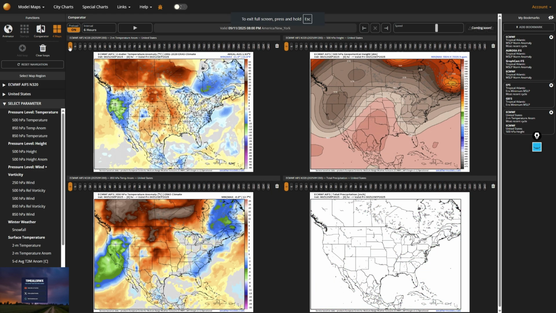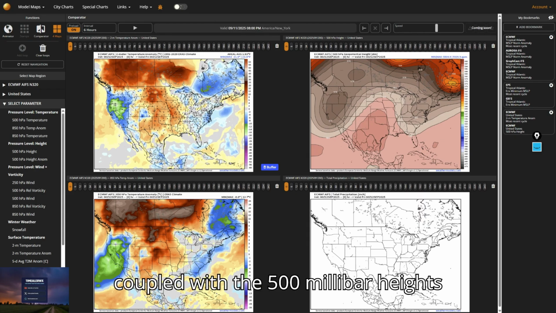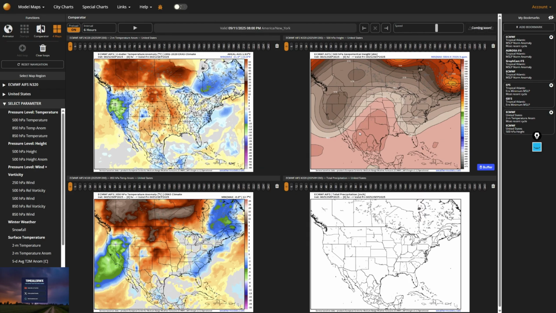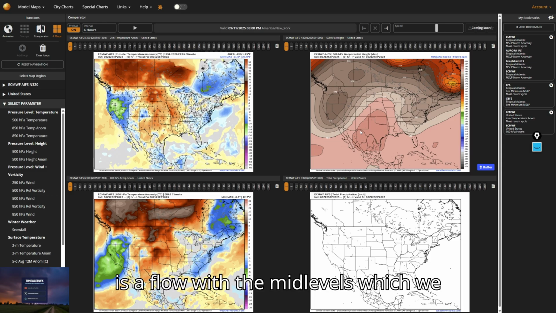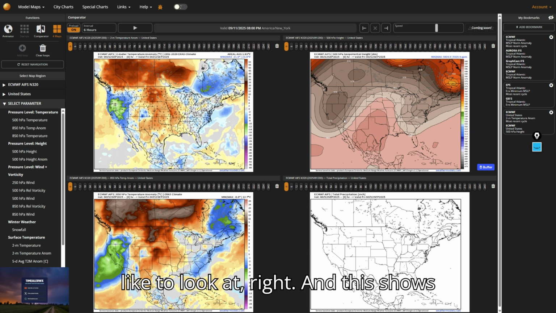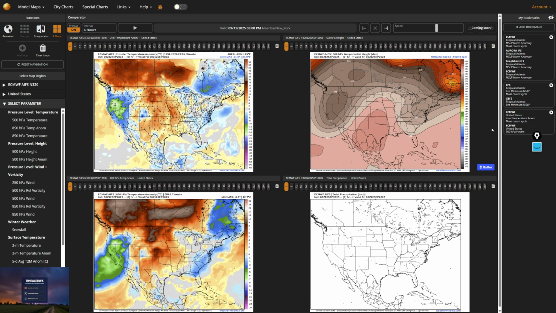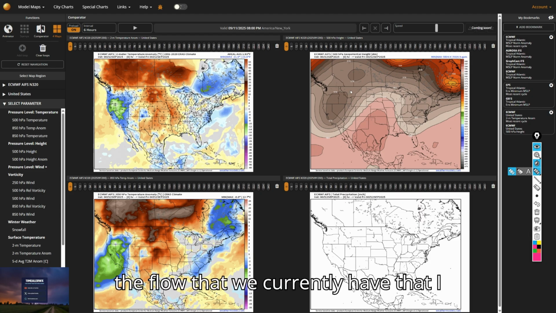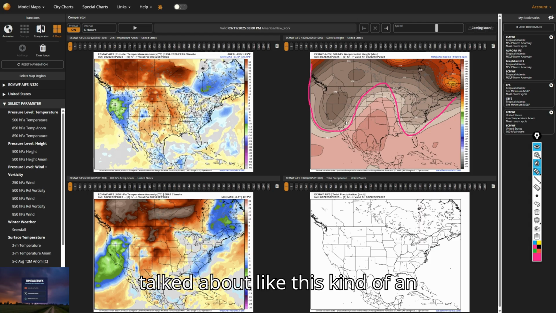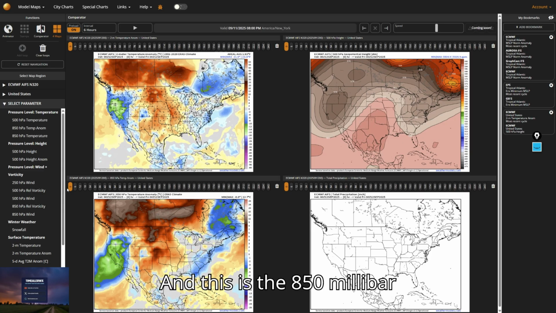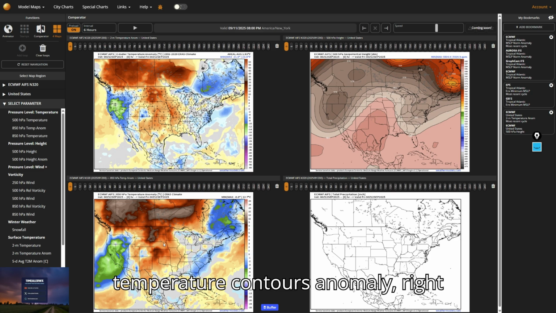This is the long range temperature anomaly output coupled with the 500 millibar heights, which is a flow at the mid levels, which we like to look at, right? And this shows the flow that we currently have that I talked about, kind of an omega block pattern right now. And this is the 850 millibar temperature contours anomaly, right?